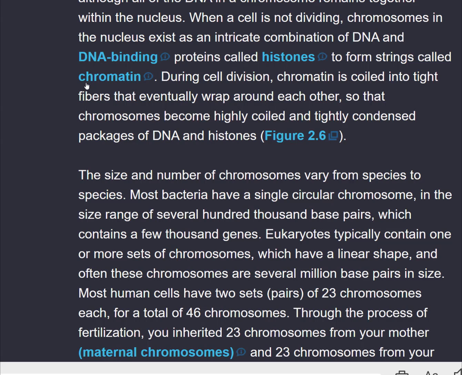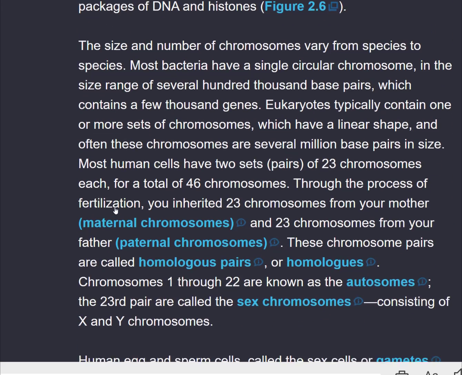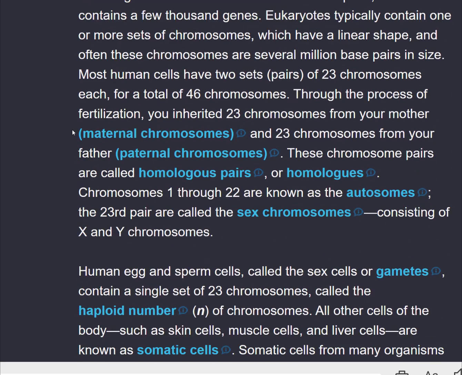Coils tightly together to form chromosomes during cell division. Maternal chromosomes, the 23 chromosomes inherited from your mother. Paternal chromosomes. Copies of chromosomes inherited from the father.